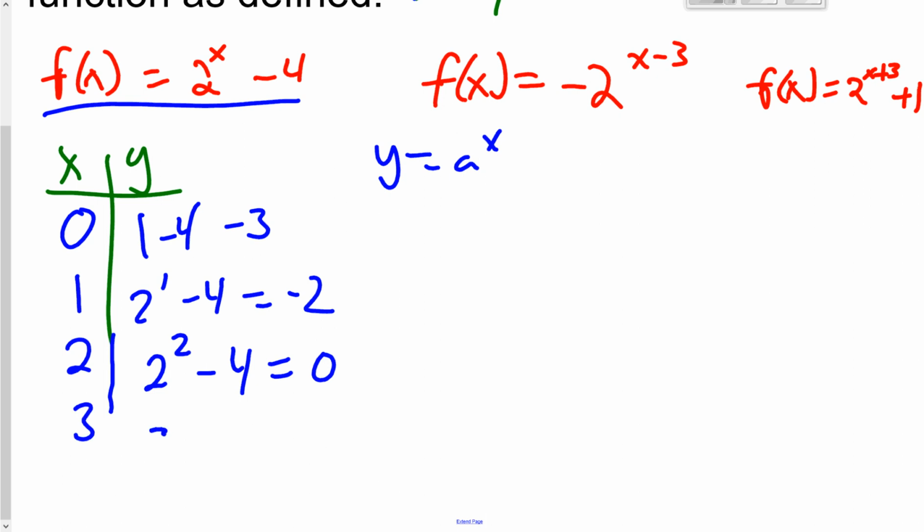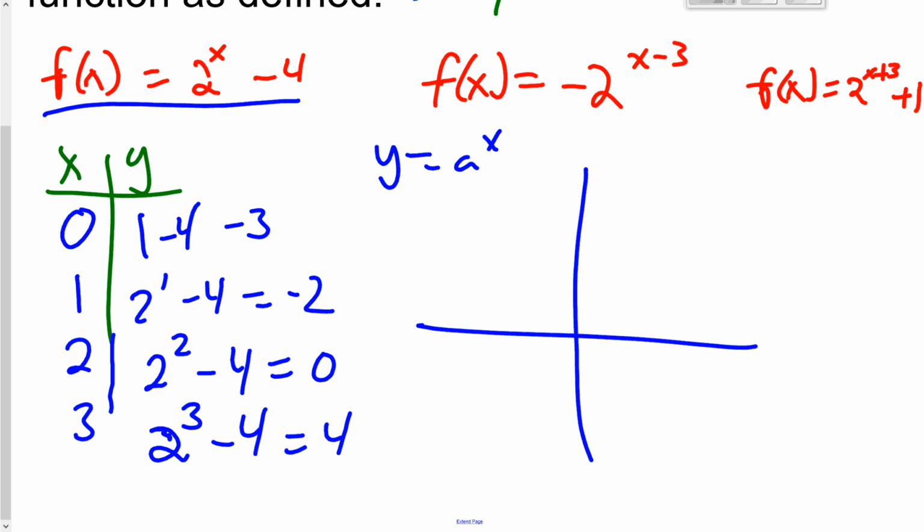I can put in 3, that's 2 cubed, which is 8 minus 4, which is 4. So that's probably enough points to graph. So we got 0, negative 3. We got 1, negative 2. We got 2, 0. And we got 3, 4.